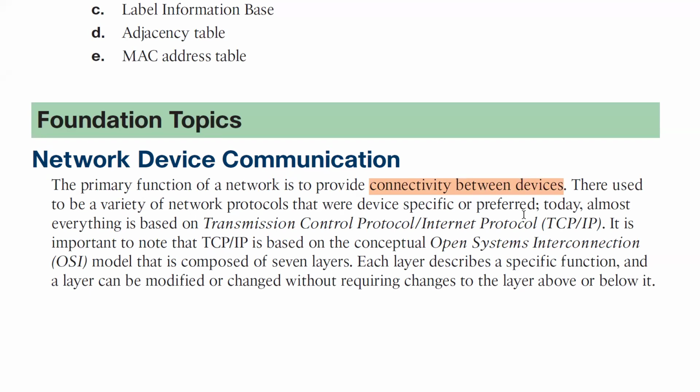Multi-vendor communication was not possible because everybody was using their own protocols. They did not have a common language for communication. So when you don't have a common language, is it possible to communicate?